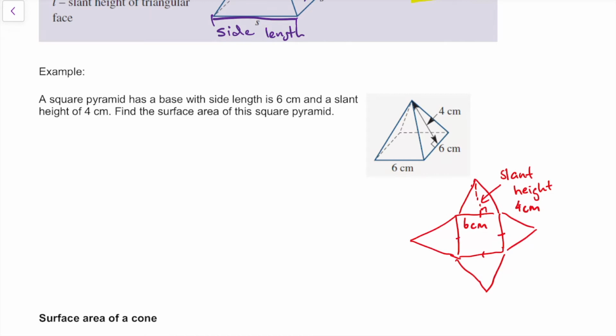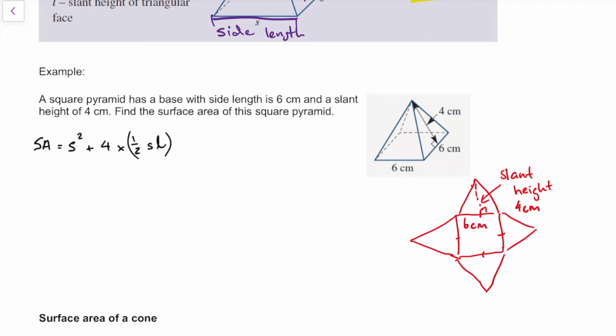Next, we are going to put together the formula that we saw before and the information that we have about our pyramid. So let's start with our formula. SA for surface area equals the side squared plus 4 times a half SL.